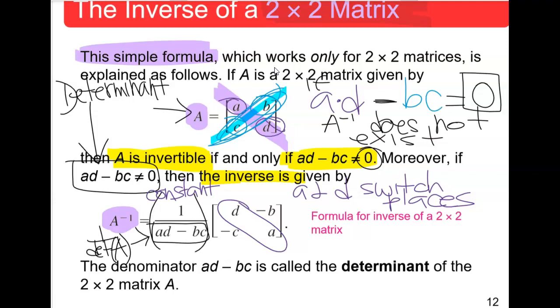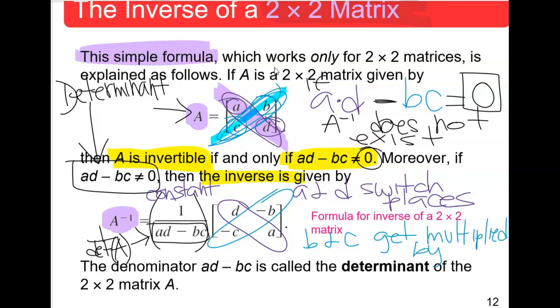And then the entries for the other diagonal keep their place, but we're going to multiply them by -1, so B and C are going to get multiplied by -1 because we want to change the sign to its opposite.